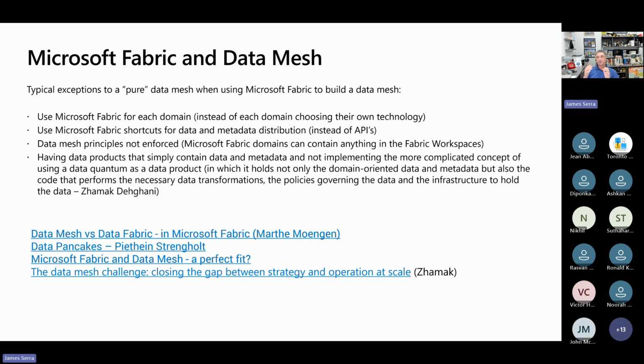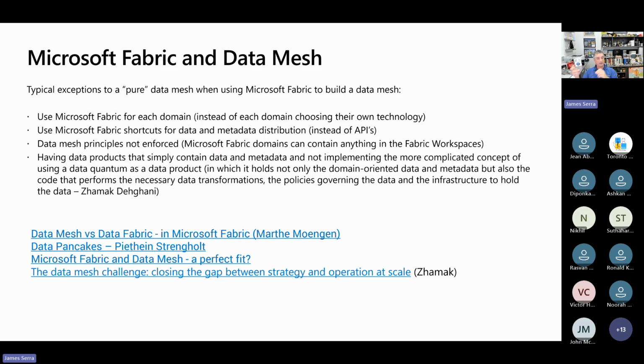Think of trying to have everybody use the same security when somebody's using Google Cloud, AWS, and Azure, and then even within Azure, imagine people are using different technologies for building out their analytical solution. Some are using Fabric, some are using Synapse, some are using Cosmos DB. It's just too much. So most customers will standardize on Fabric being the technology each domain is going to use.